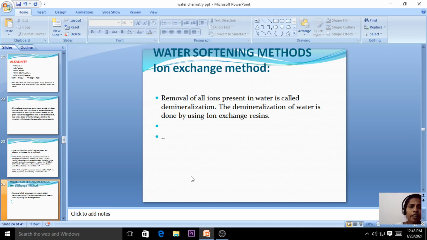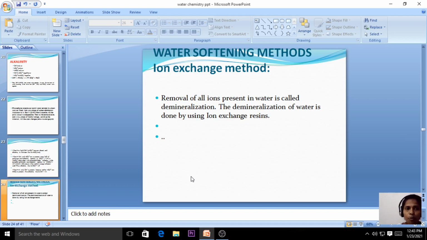In the name itself we have ion exchange method, meaning the method which exchanges ions in the water sample. So which ions should be exchanged in our process? All hardness causing ions.